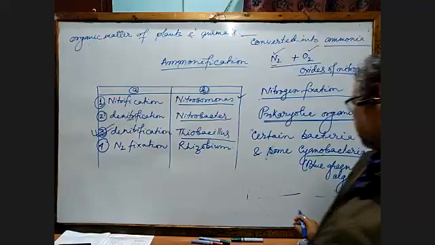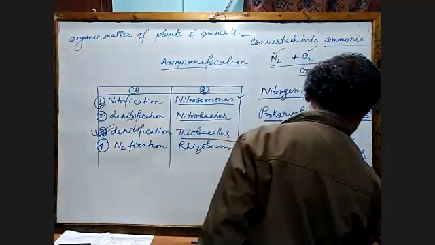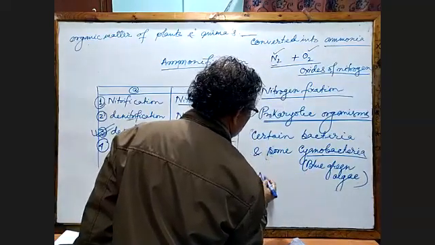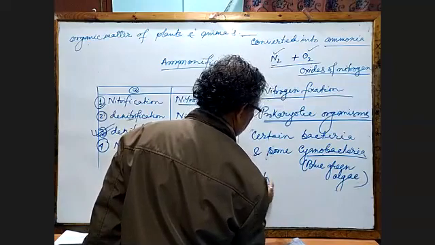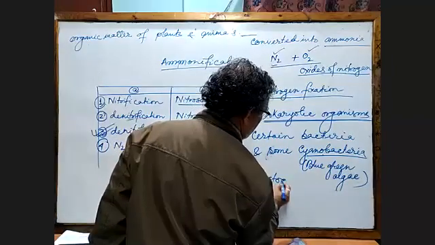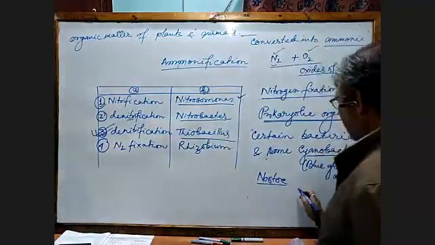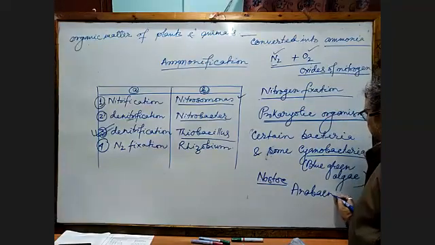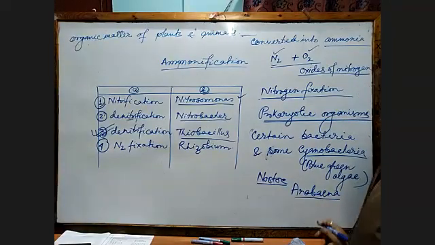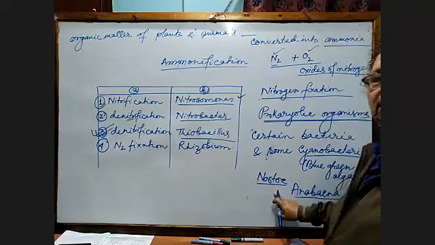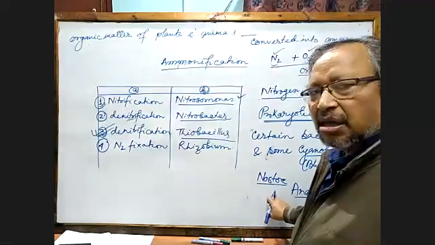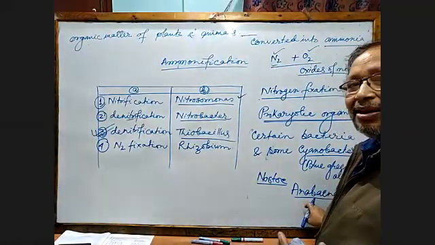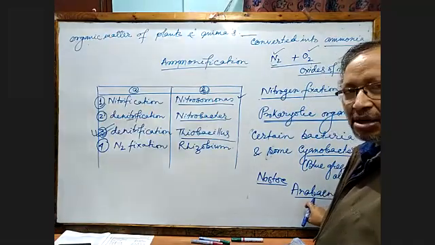In the cyanobacteria, very important ones are Nostoc and Anabaena. They can fix nitrogen as free living as well as symbiont, that is, living in the body of other organisms.